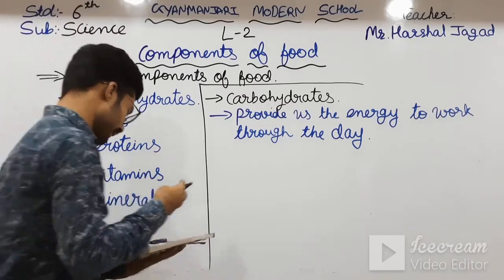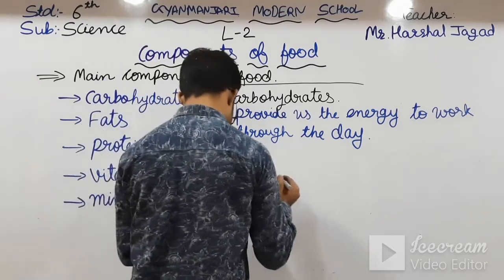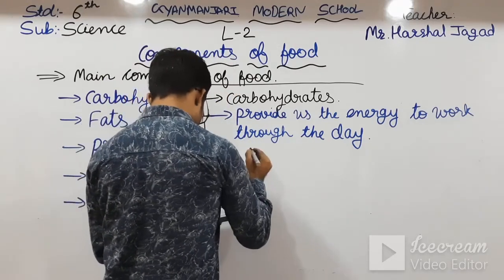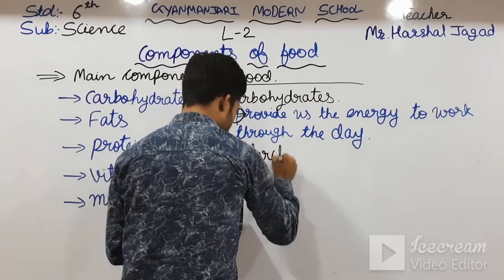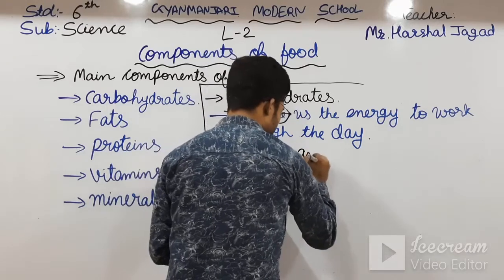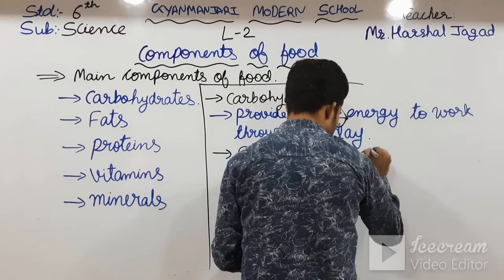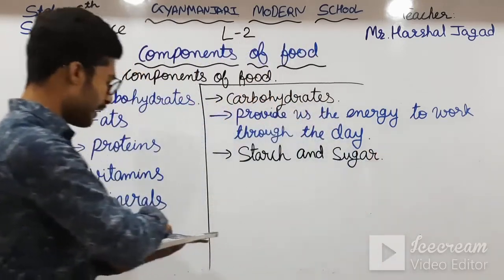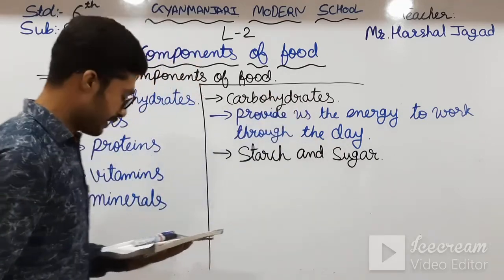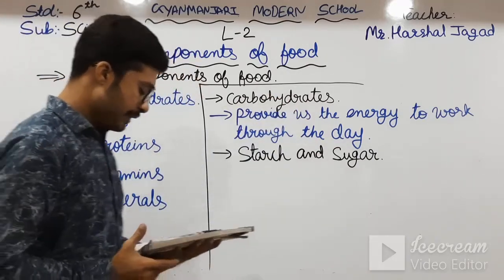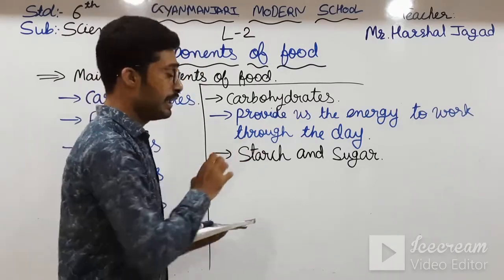The two types of carbohydrates are sugar and starch. Okay students, these are the two main components of the carbohydrates. Next we will study sugar and starch in depth.